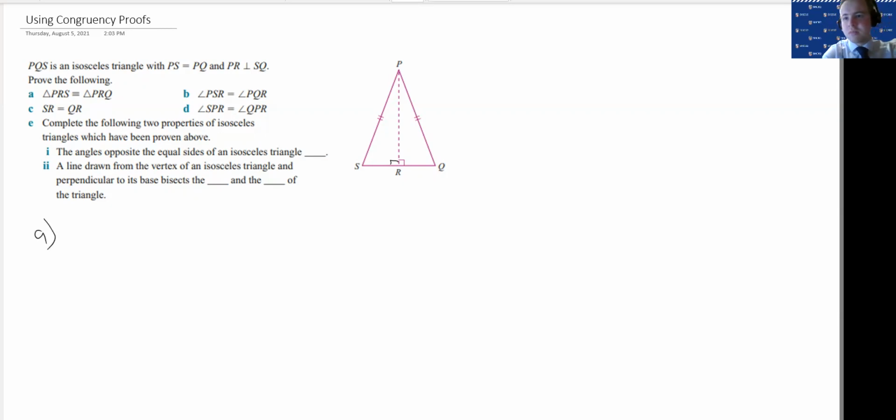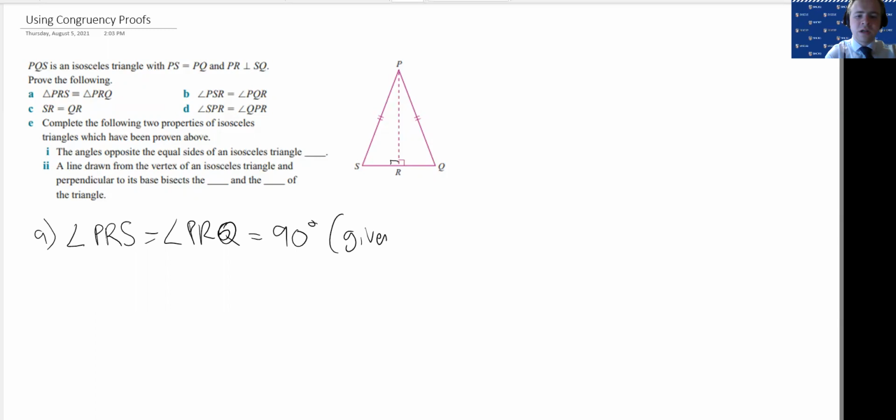Okay, so I've chosen my path that I'm going to try and prove. R stands for right angle, so I'm going to say that angle PRS equals angle PRQ, which equals 90 degrees, and we're given that information, because we're told they're perpendicular in the question. So you can see how I've done it. I've just done 2 equal signs, saying that the angles are equal and they're both 90.